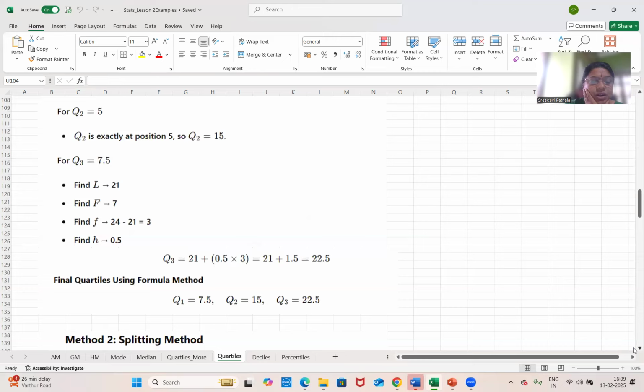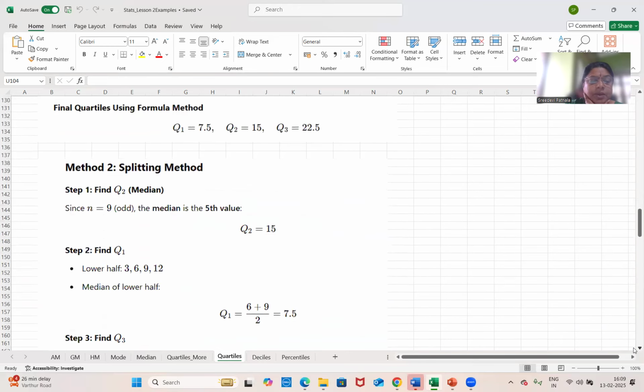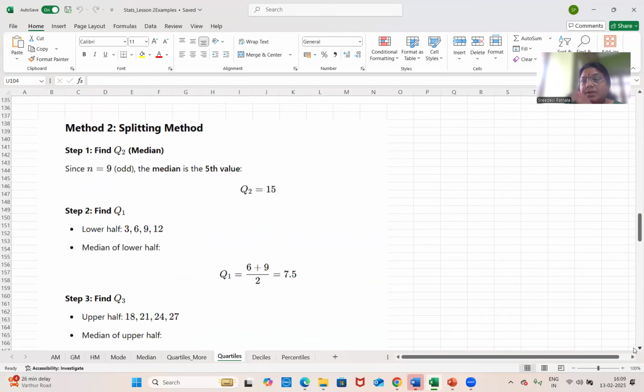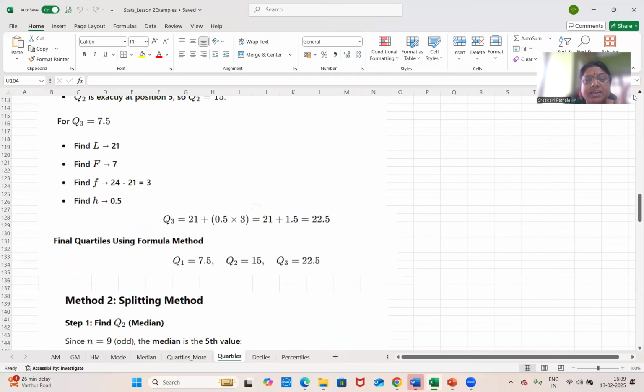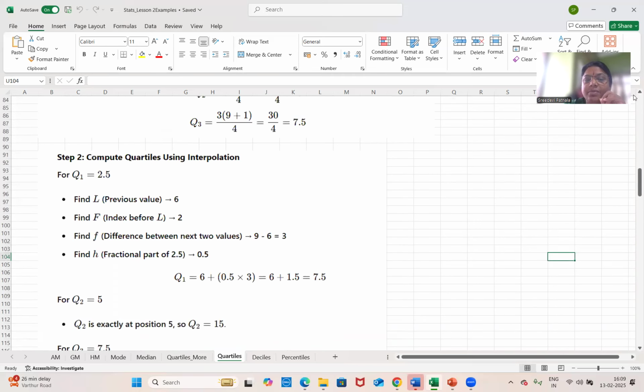Next comes Q1. Here is the split method. Without including 15, the set before 15 is taken as the lower half, and the set after 15 is taken as the upper half. So your data set is divided into two parts, with the median as the middle number.